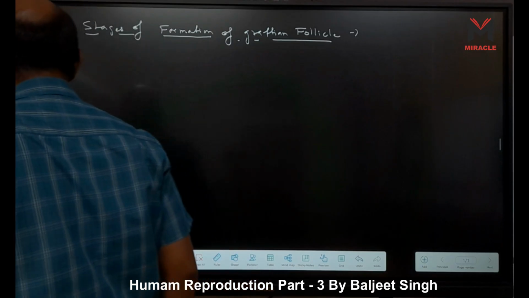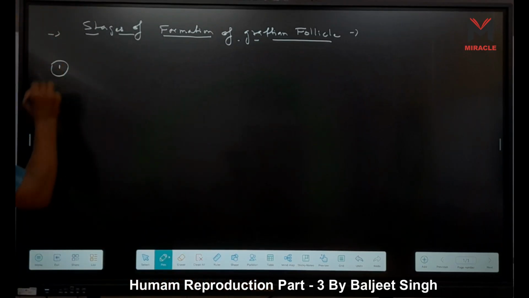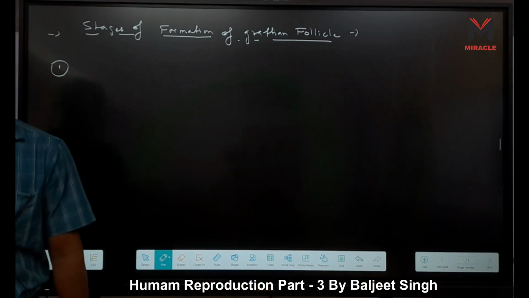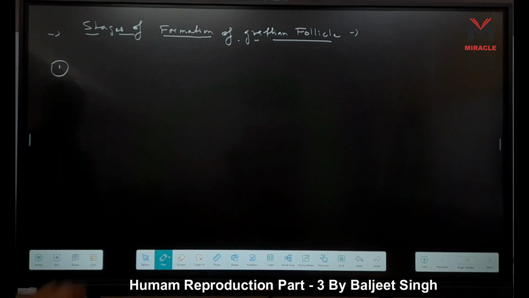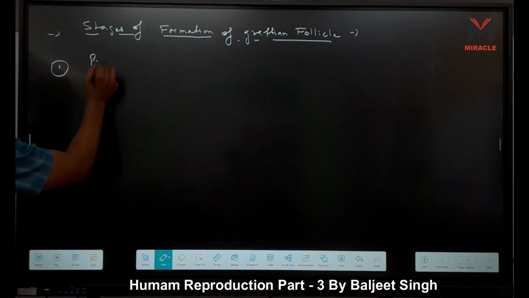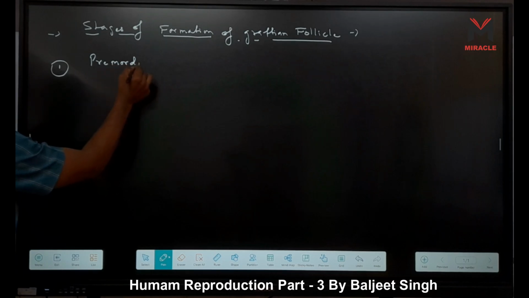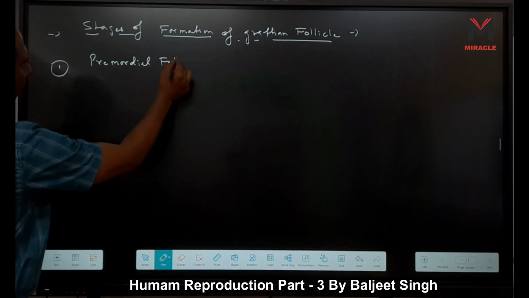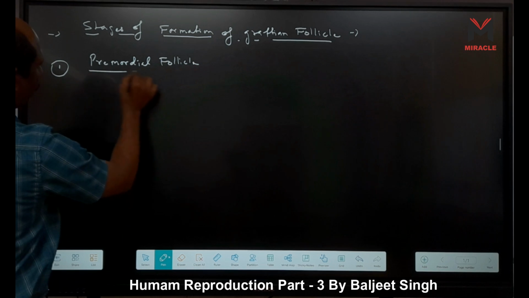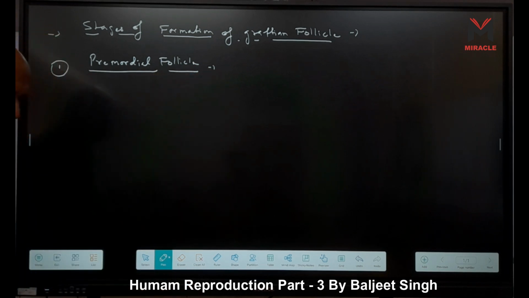What are the stages? The first stage is here, we can say the primordial follicle. In the primordial follicle, what does it mean?